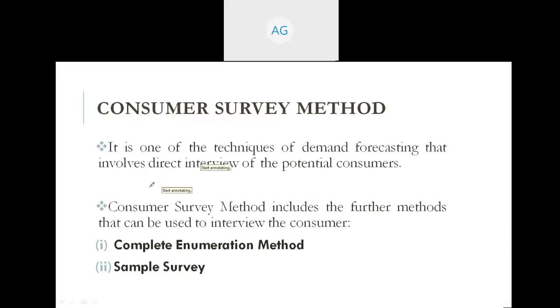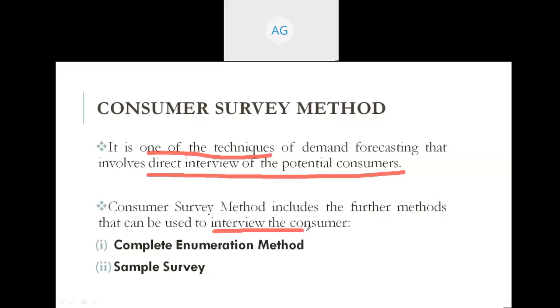So then comes the consumer survey method. It is one of the techniques of demand forecasting that involves direct interview of the potential consumers. So the surveyor asks some questions to the consumer about their likings and dislikings. So the consumer survey method includes further methods that can be used to interview the consumer.